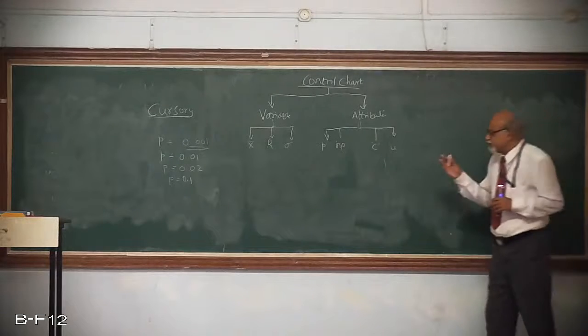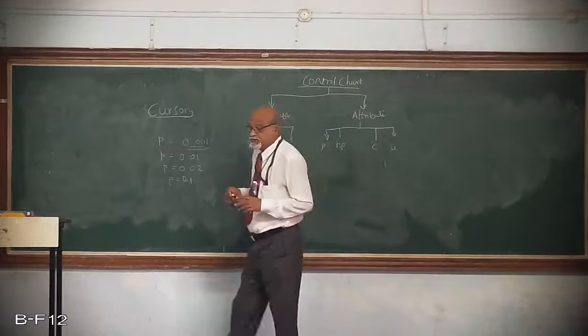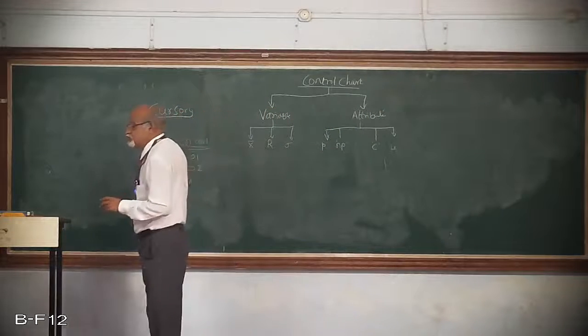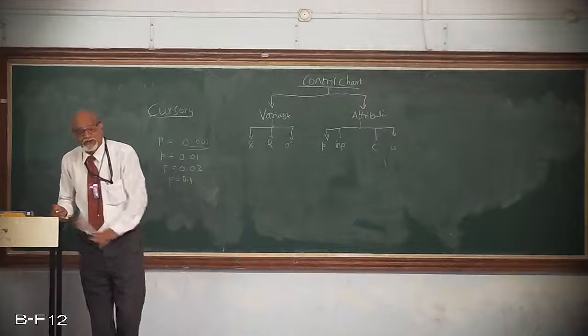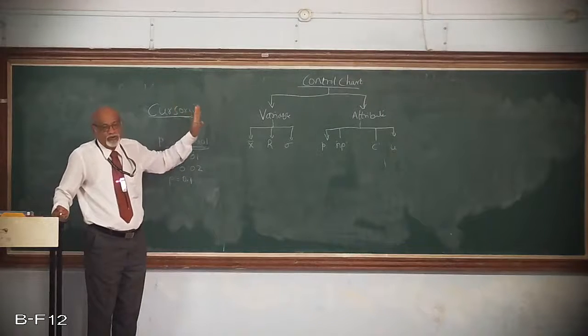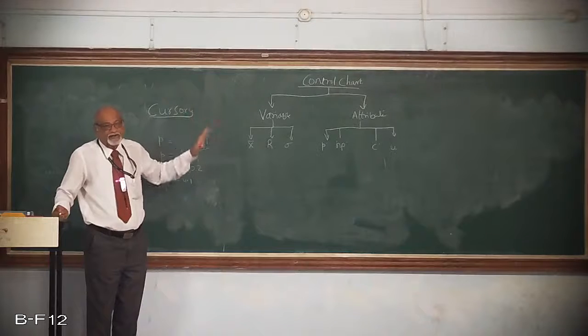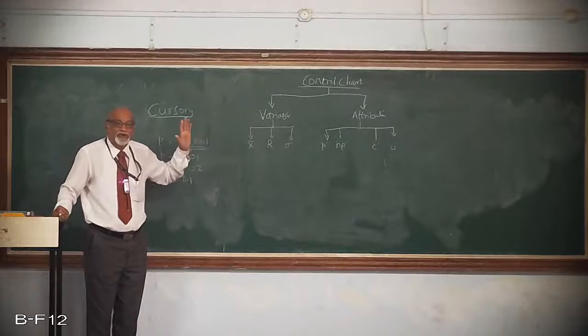If the sample size is small, we may not be able to draw the better conclusion because of the reasons I told you. So generally, the sample size for control chart for attribute is more, maybe in the range of 100 to 200, something like that. So when we go on solving the problems, we will come to know about it.